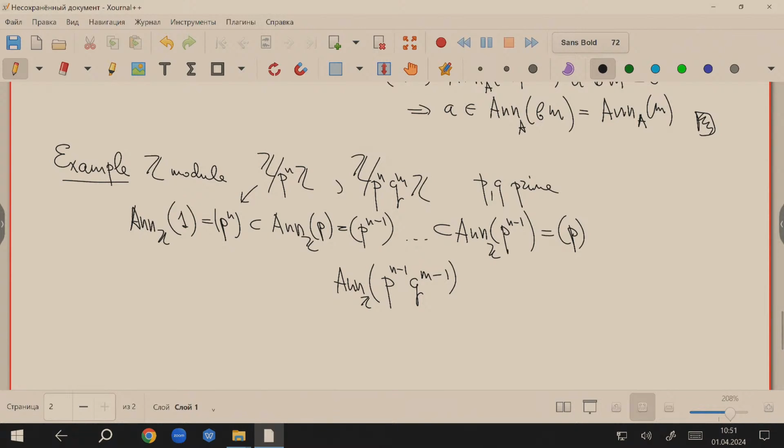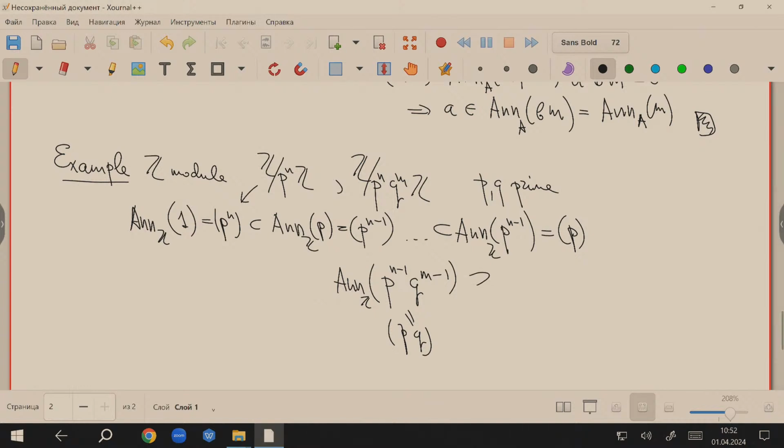PQ, yeah? M minus 1 and M minus 1, PQ. And then the trick is that here there are two chains starting by these elements.